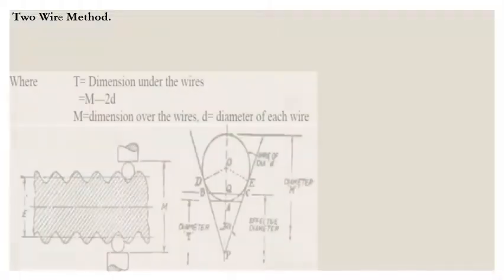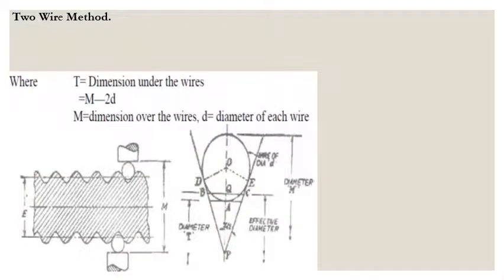The two wire or two rod method is one of the widely used techniques to determine the effective diameter. Here you can see in the figure, one wire is placed on one side of the screw thread which is to be measured, and the other wire is kept on the other side of the screw thread in the opposite direction.